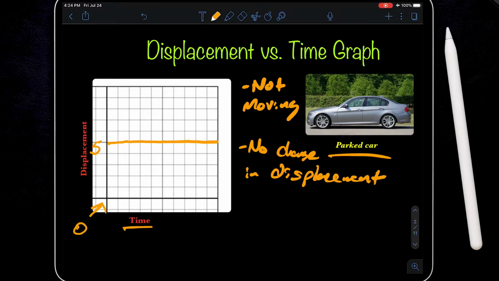And that's about as basic of a displacement versus time graph as you can get. Wherever it started, that's where it's going to end. There's going to be no motion in a position versus time graph of a parked car, that is. We're going to go and look at some other ones where there actually is some motion.